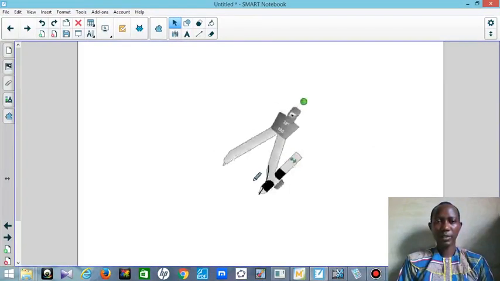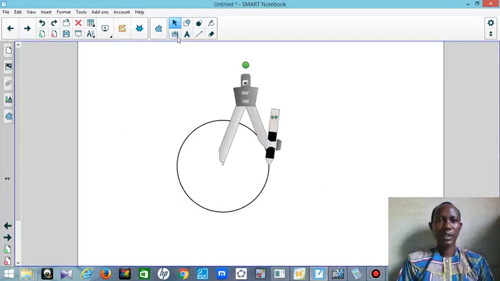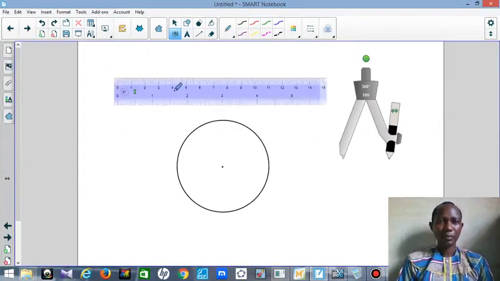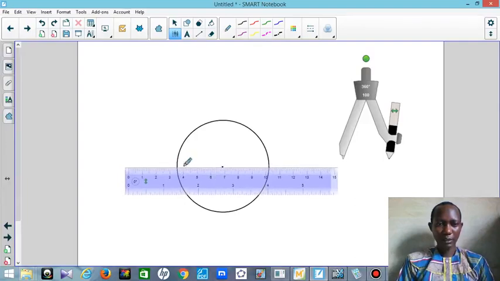So you get your circle, put your circle there, you label your center, then you get your ruler to locate your latitude and your longitude. You put it at the middle, you draw your line.